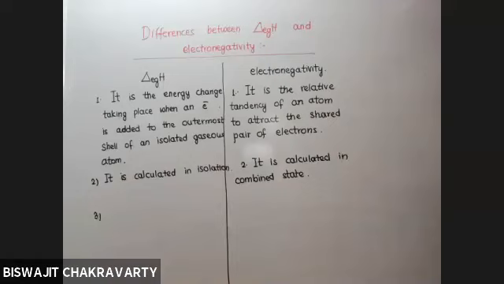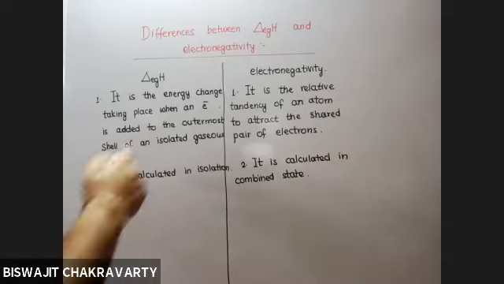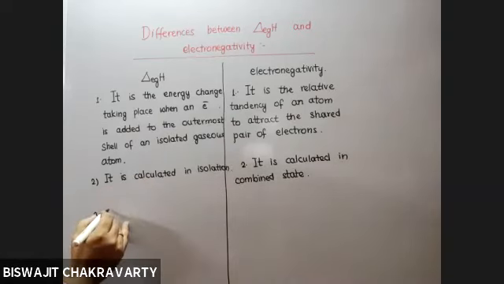Fahim? Vayu? Sir, it helps determine the energy change, and electronegativity helps to determine the polarity of a bond. So you can write down point number three.